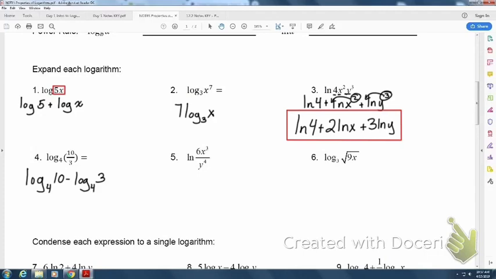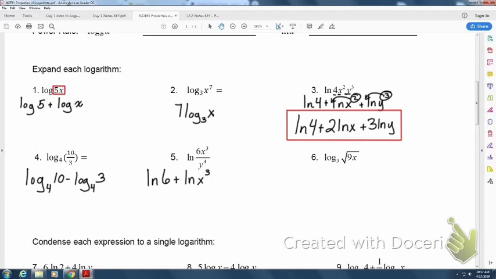Alright. So number 5, kind of combining a few things here, because I've got multiplication happening here, and then obviously it's a fraction, so there's some kind of division. So I'm going to have natural log. I'm going to start in the numerator. I've got natural log 6. Now because I'm multiplying 6 and x cubed, I'm going to add here. So then I've got natural log x cubed.